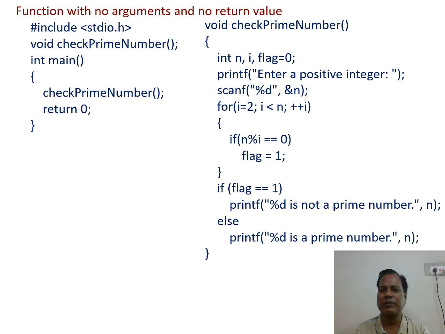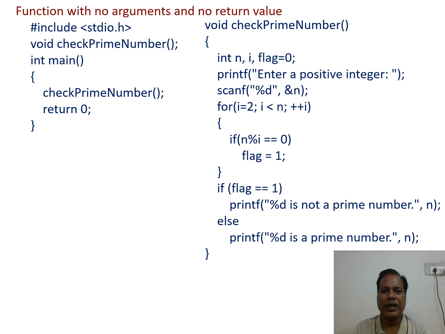The next statement is printf enter a positive integer colon. So this statement is printed on the output screen. With this statement, the user enters a positive number that is taken in and stored in the variable n by the scanf function.